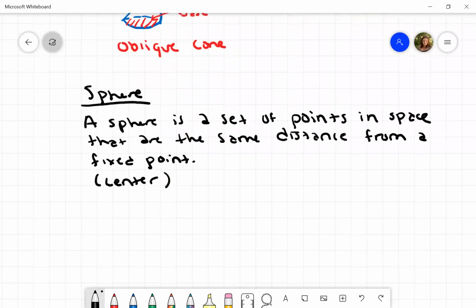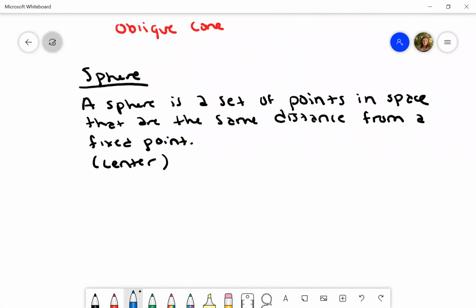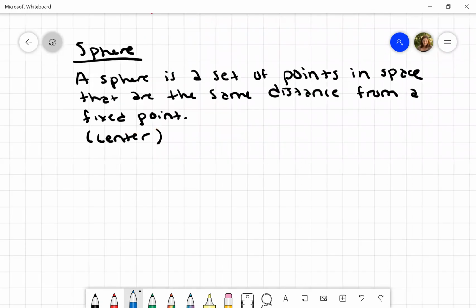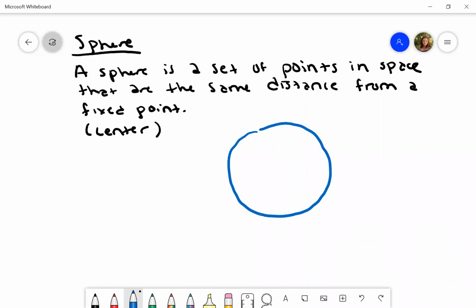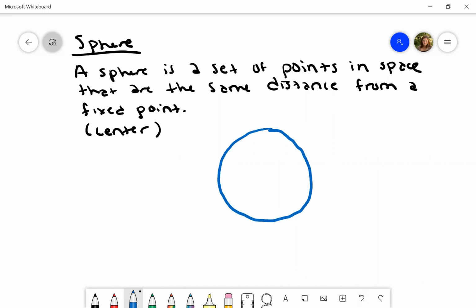And the idea is that if I draw a sphere, usually I just start by drawing a circle. Oh, such a lopsided circle. Try that again. One more time. It's the best I can do. And then I usually draw kind of like that. So here's the center. And the idea is this distance from that to any point out on the sphere.